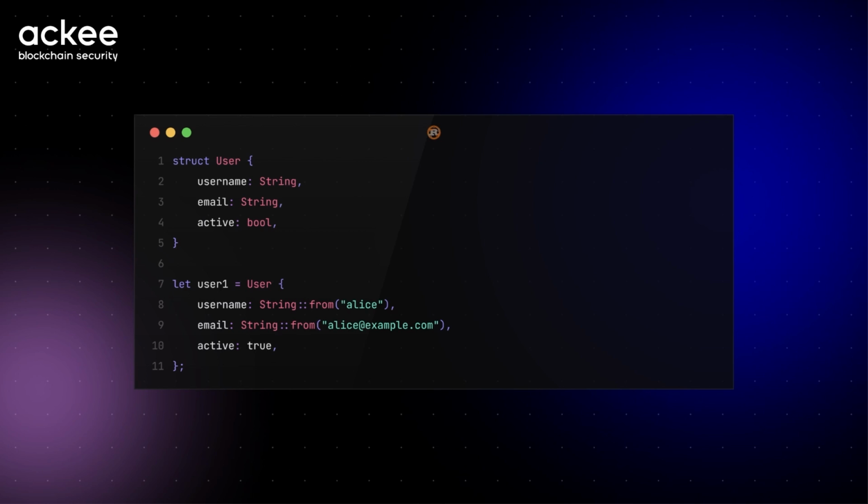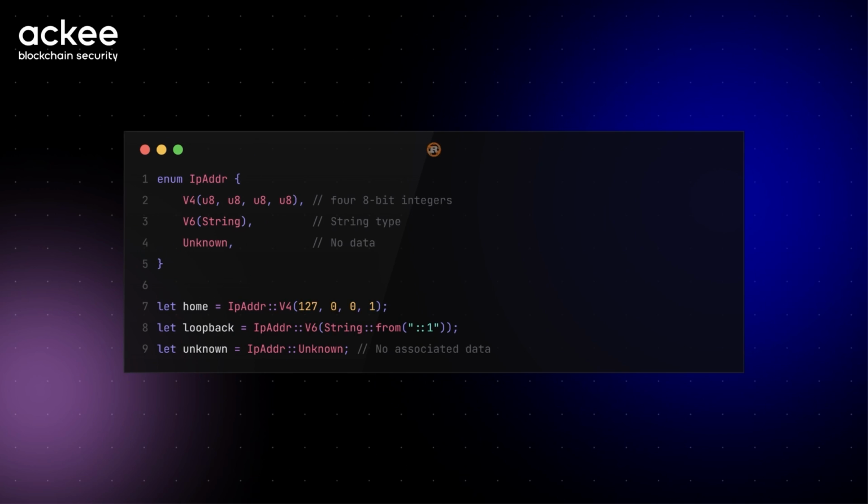So it is called user, then we specify the username, email, and active. So we create a new instance of the struct user. You can see in the definition of the struct, you need to provide the types of fields. That's all from the structs. And now we can continue to the enums.